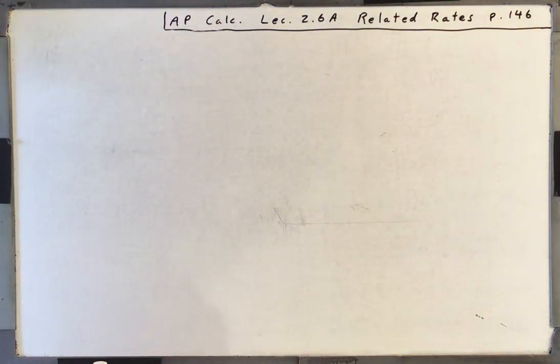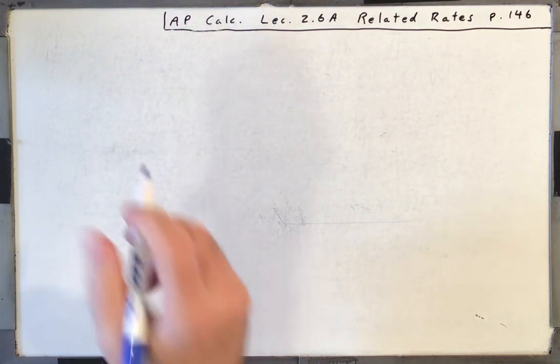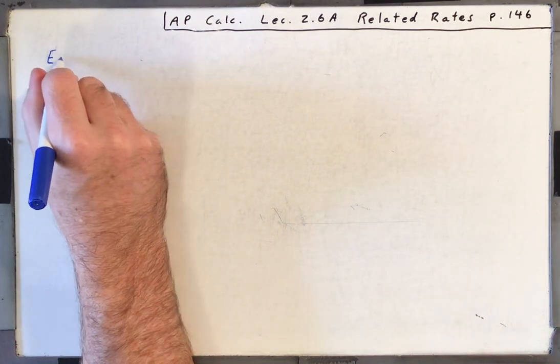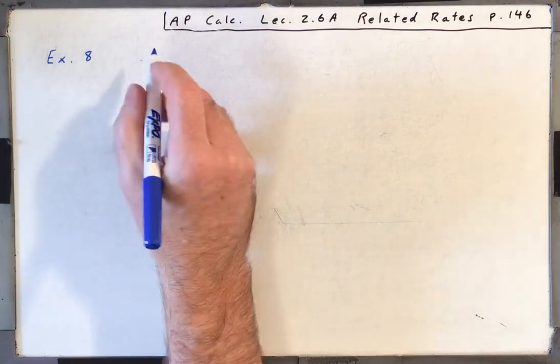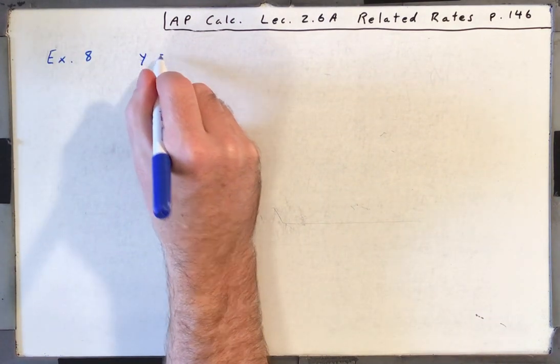And the last example, so you turn your notes, one more, is number 8. So we've got one involving a little bit of trig here, so you might want the unit circle handy. For number 8, we have y is equal to sine x.